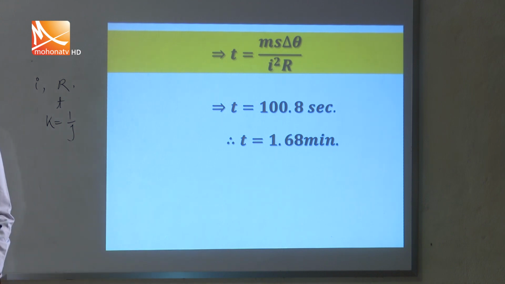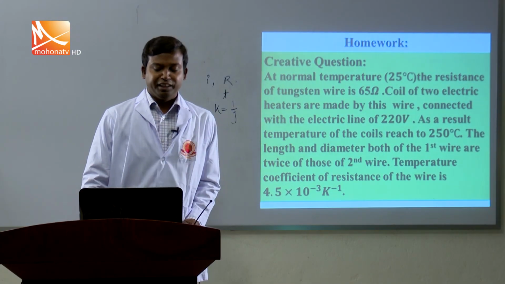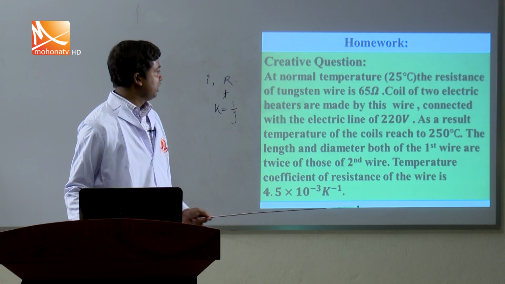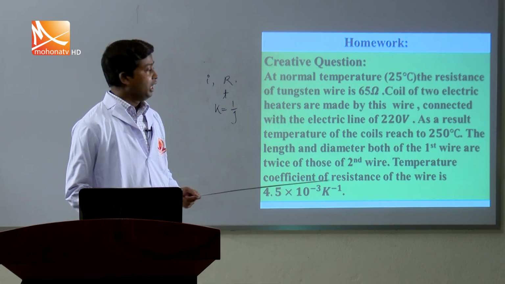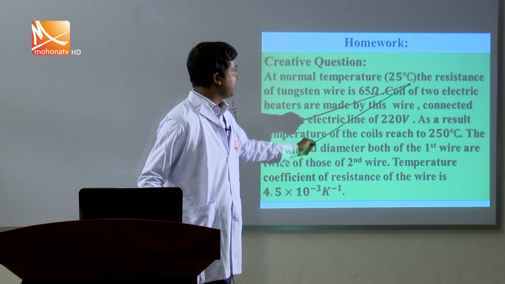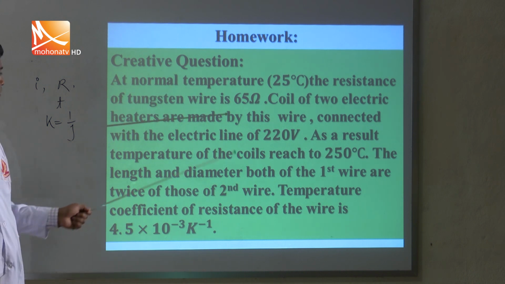Now, my dear students, we have just reached the end of my lecture, and here is a sample question for you. You know this is a very important creative question. At normal temperature, which I mention here as 25 degrees Celsius, the resistance of a tungsten wire is 65 ohm.